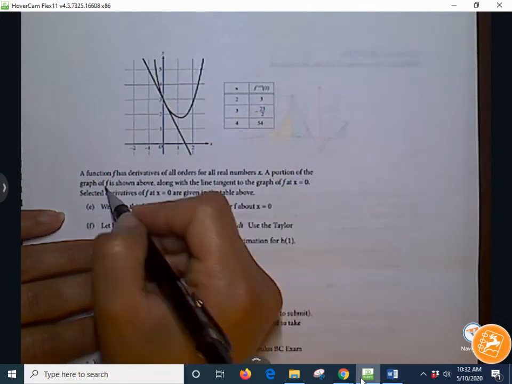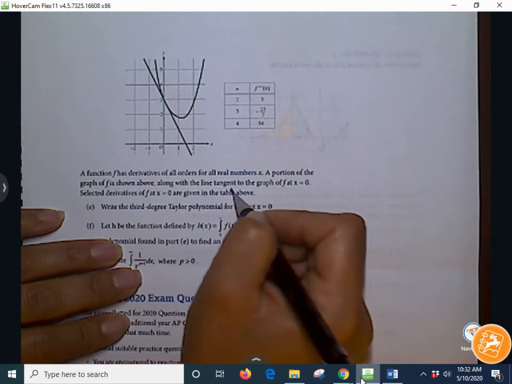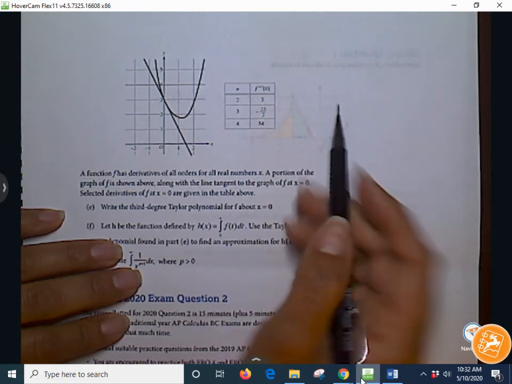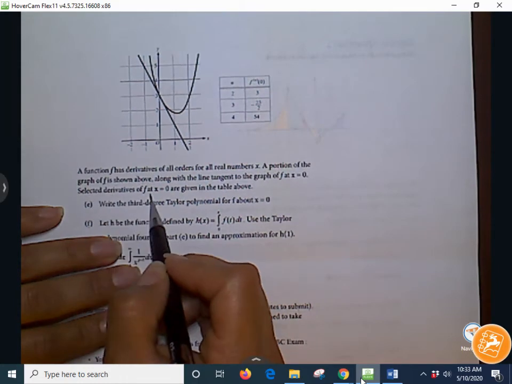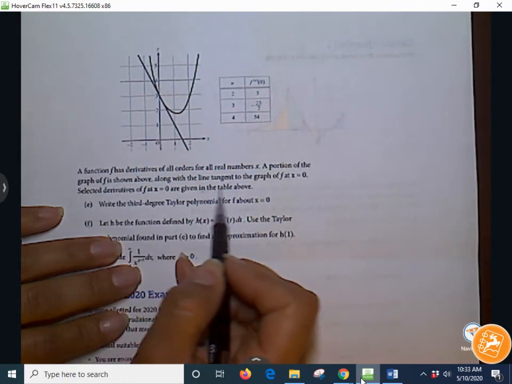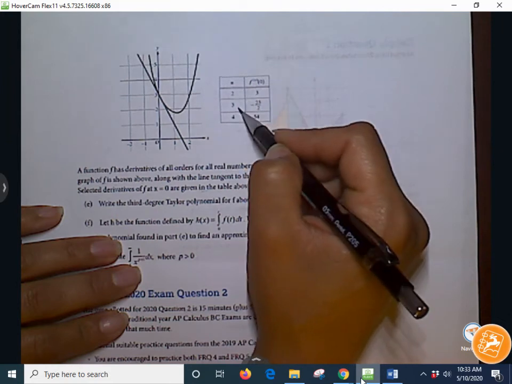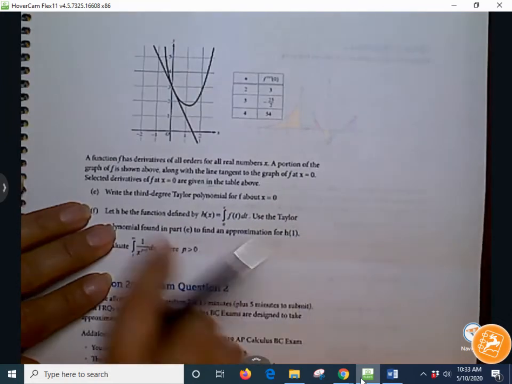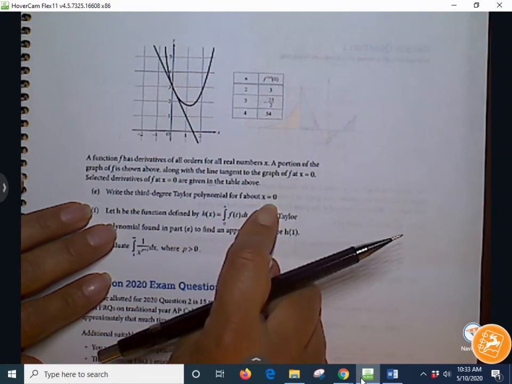A portion of the graph of f is shown above, along with a line tangent to the graph of f at x equal to 0. So this is a tangent line. Selected derivatives of f at x equal to 0 are given in the table above. Okay. So second derivative, third derivative, fourth derivative.